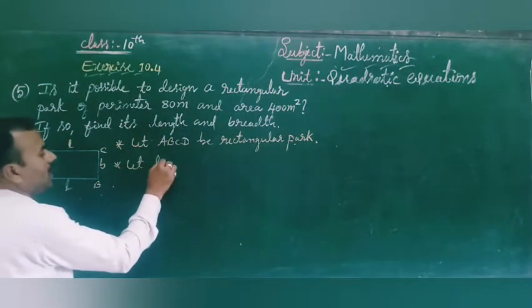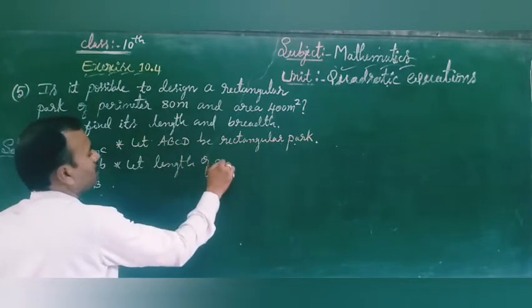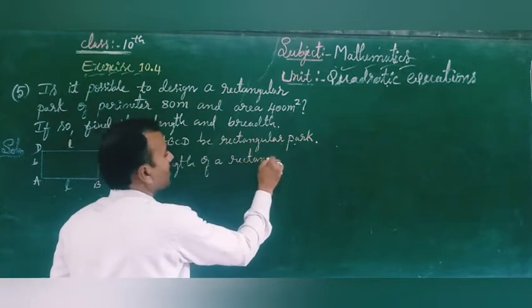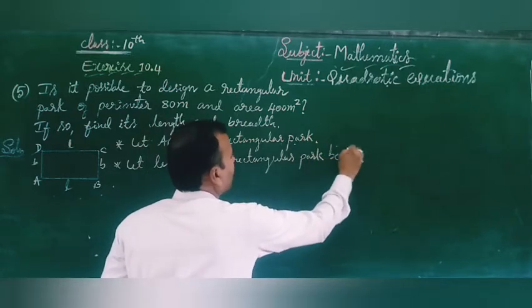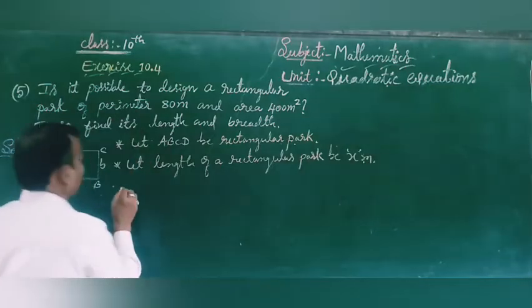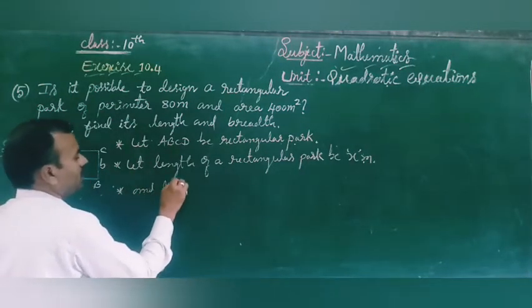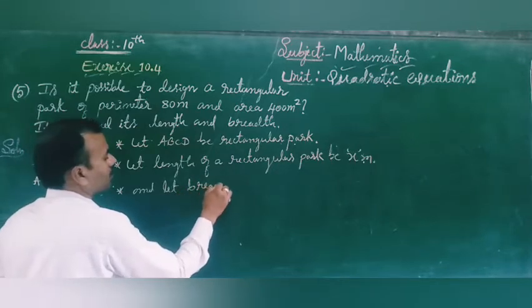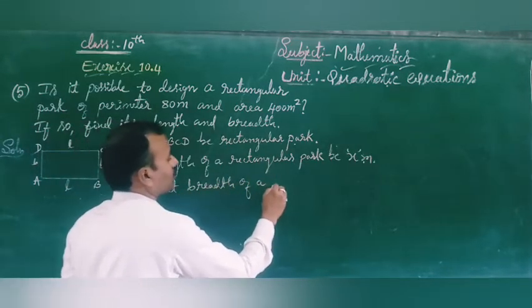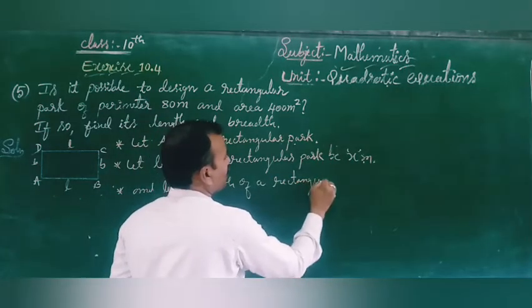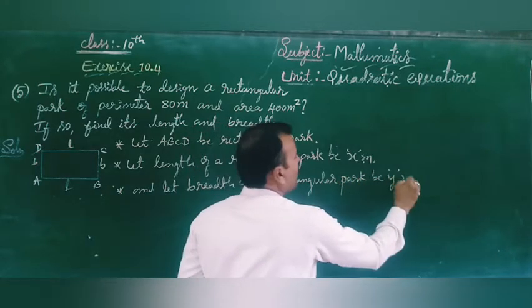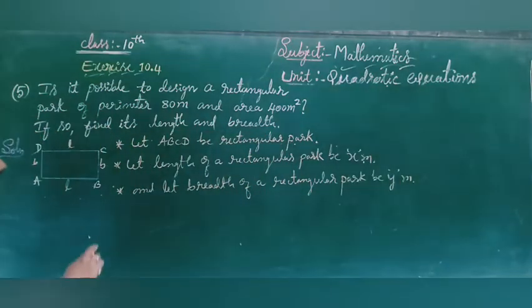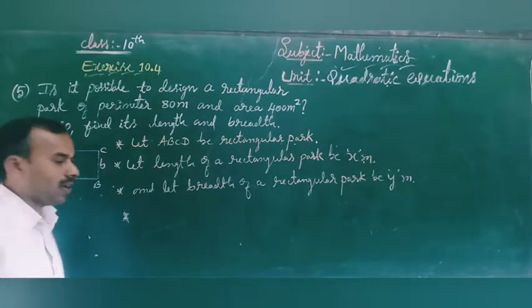Let the length of a rectangular form be x meter, and let the breadth of a rectangular form be y meter, and in that, the perimeter of a rectangular form is given.